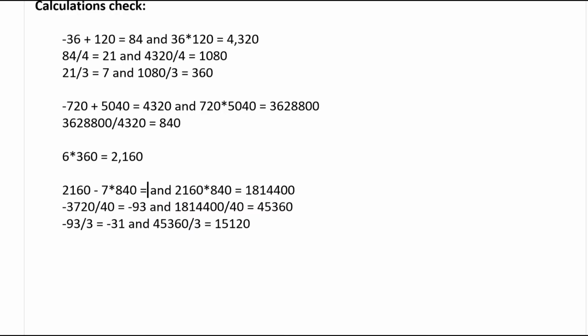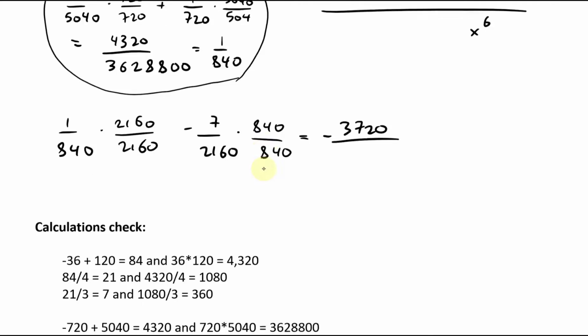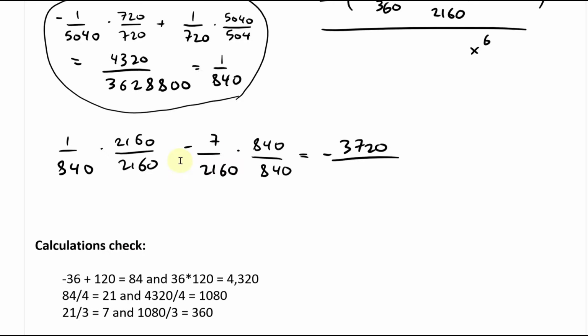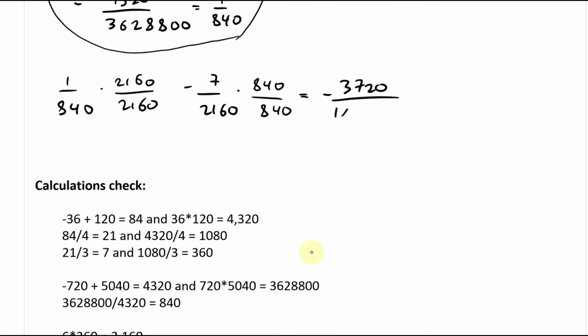So this is going to be equal to negative 3720, and then the bottom is going to be 2160 times 840, the same common denominator, which equals 1,814,400.